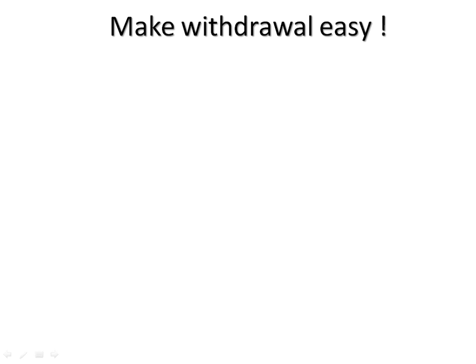So what do you learn from this? If you understand joint accounts, you can see that there are some processes to be followed if the primary holder dies. And in that case, make sure that the withdrawals are made easy.